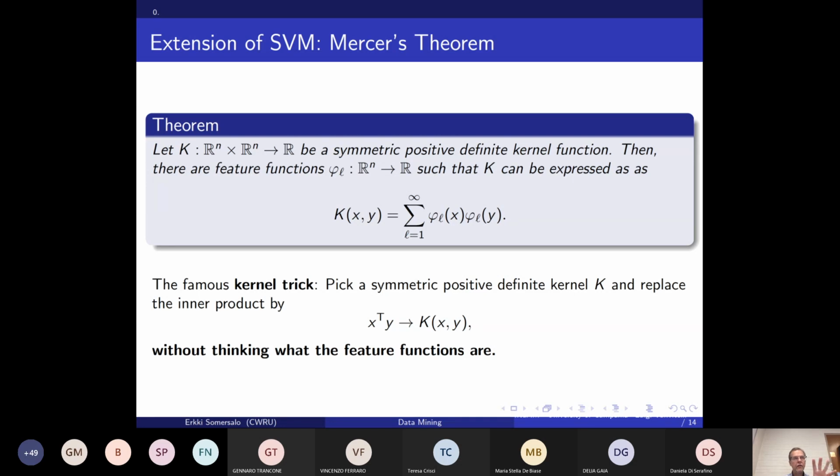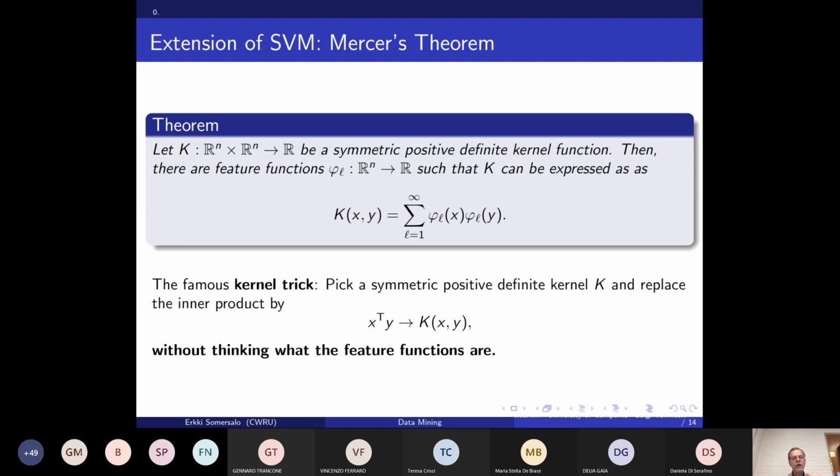And then you take your support vector machine algorithm, and every time you need to calculate an inner product, you replace it by k(x,y), and that's it. This is the beauty of this kernel extension.